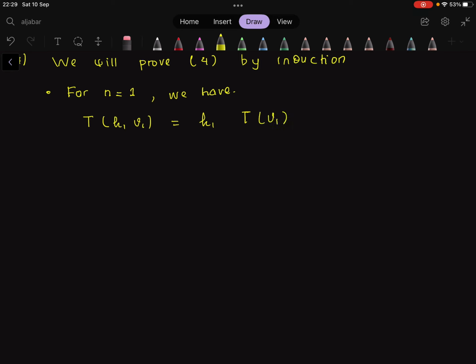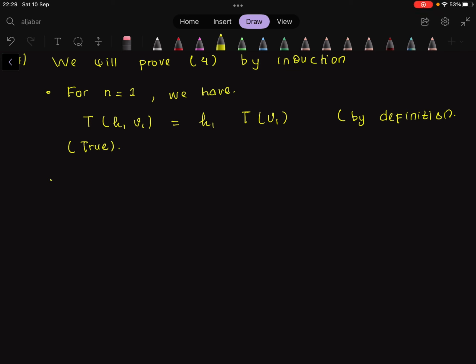This is by definition. So for n equal to 1 it is true.